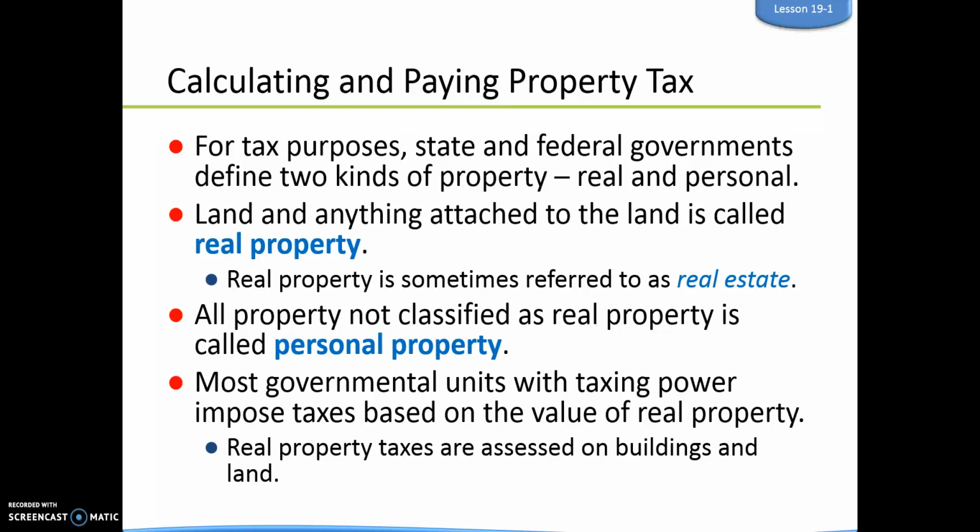Now, for tax purposes, state and federal governments define two kinds of property. There's real property and there's personal property. Anything that is land and anything attached to that land we call real property. So this is most commonly referred to as real estate outside of the business world.